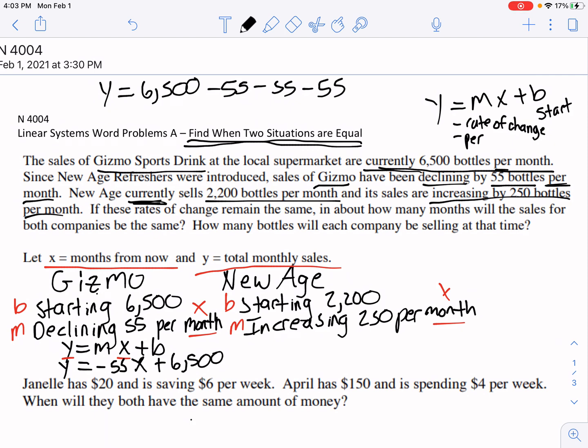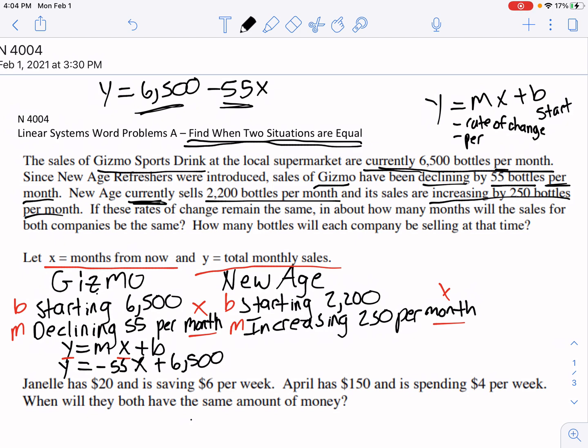But since we don't want to rewrite that over and over again, and we don't know how many months we're talking about, however many months from now, we just say minus 55 times the number of months from now. So really, we're starting with this, and we're taking away 55 every month. Either way, both of these equations are correct. I'm going to leave the one that we have at the bottom, but that's how we can set up this equation.